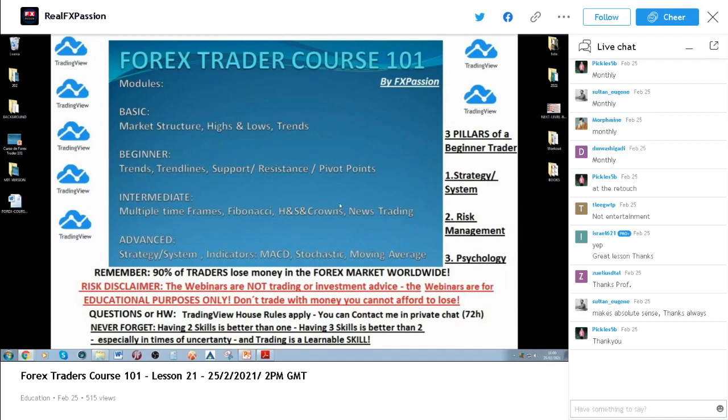And what we are trying to do here is build the three pillars of a beginner trader. Pillar number one is the strategy and/or system. Pillar number two, we are trying to learn about risk management, and how risk management works inside our strategy and/or system. And the big one, we are trying to learn about how psychology affects our risk management and how psychology affects our strategy and/or system.